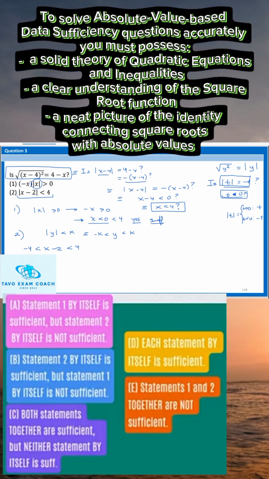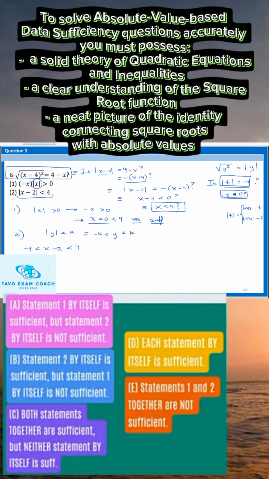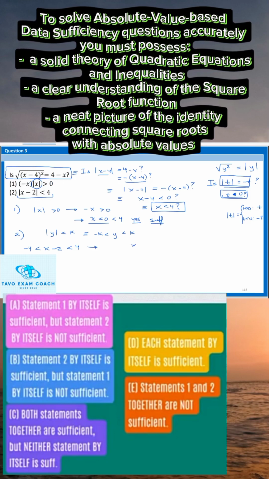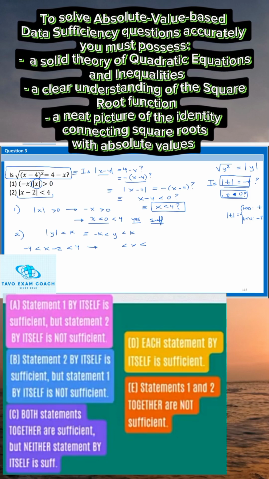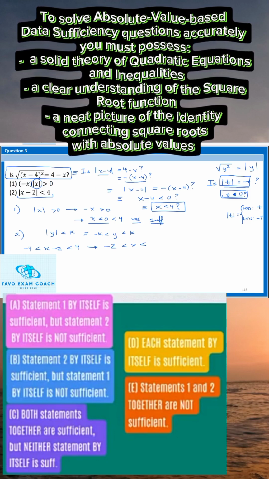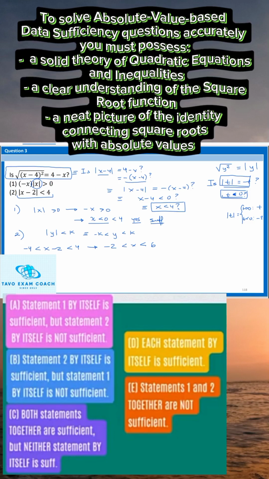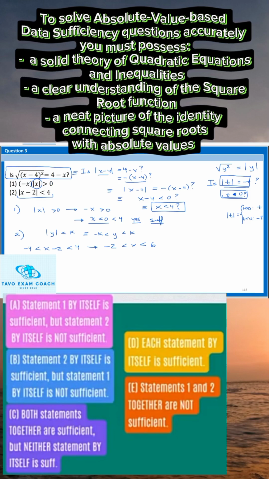If we isolate variable x by adding 2 to each of the three parts of this double inequality, we get x greater than negative 4 plus 2, that is negative 2, and less than 4 plus 2, or 6.